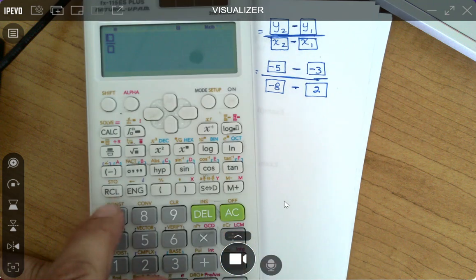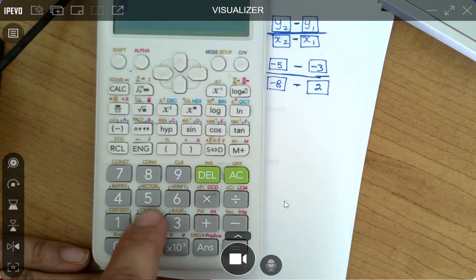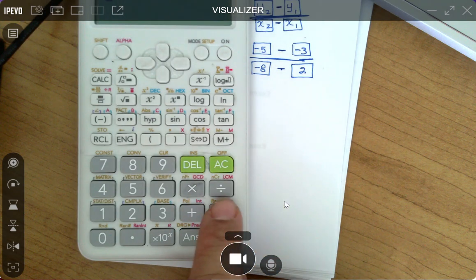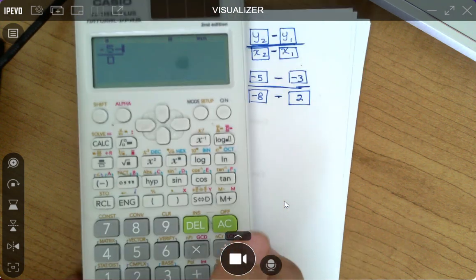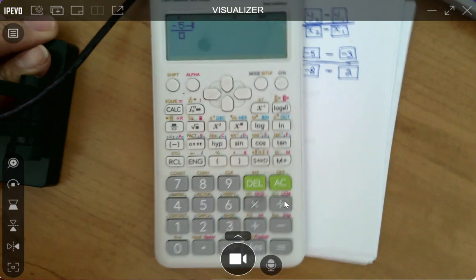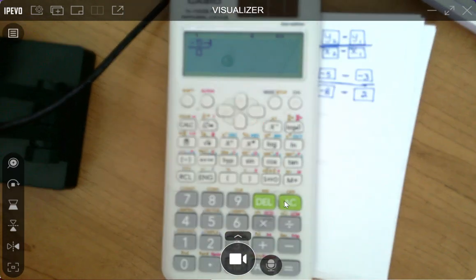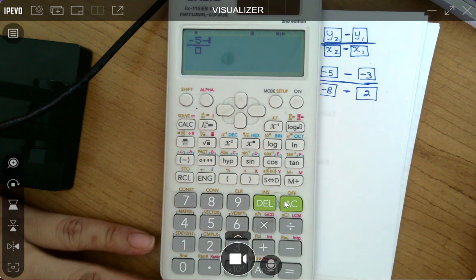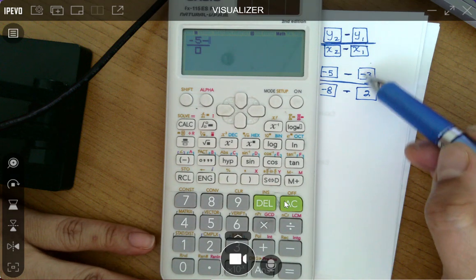So this is -5, okay, and we're going to subtract. See what it looks like. I don't want to step out too much because I still want you to be able to see the calculator. We're subtracting, and then see inside this box we have -3.